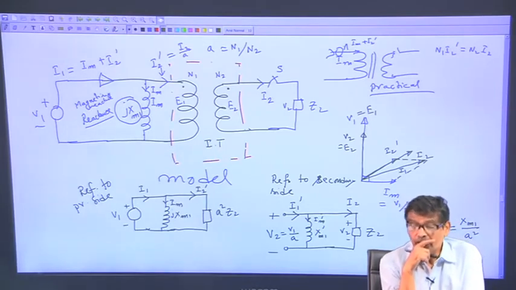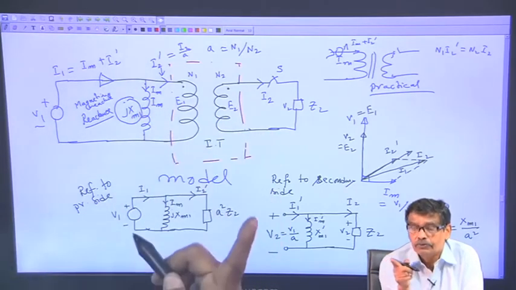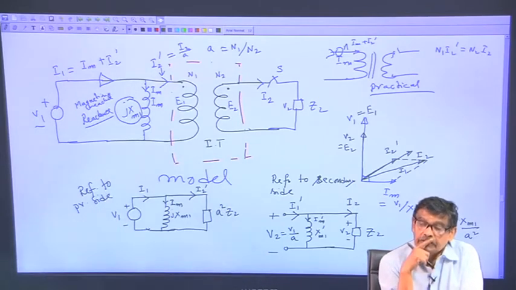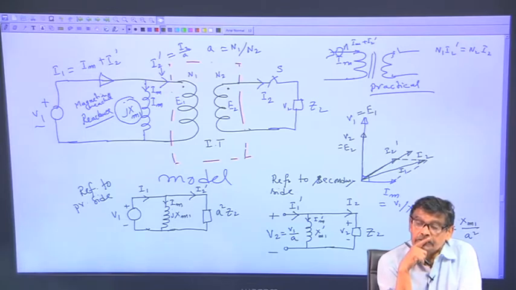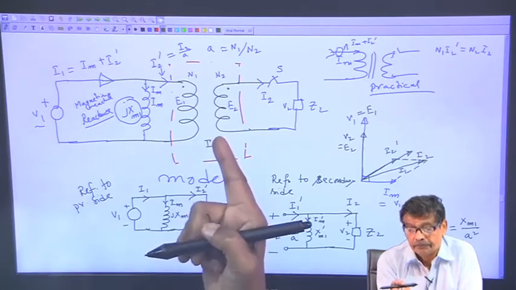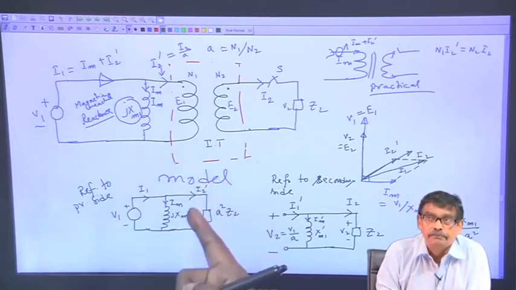So now once again I will add some parameters to this circuit, that is R 1 R 2, in appropriate place, that is very important. So that the effect of R 1 and R 2 will be addressed by this model.